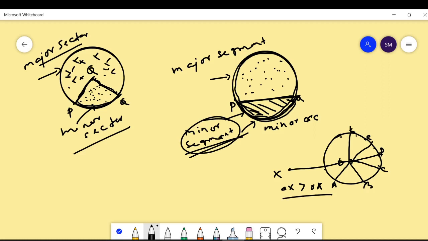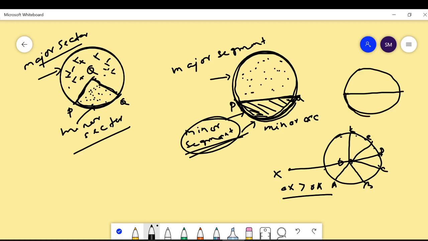The longest chord of a circle is called the diameter of the circle. The longest chord means the chord which passes through the center. This is the longest chord of the circle. An arc whose two end points are the end points of a diameter is called a semicircle.